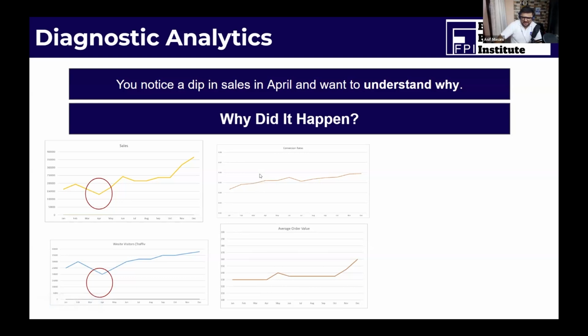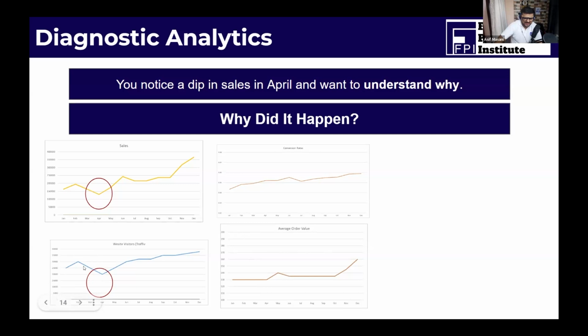Now you notice that the conversion rate has not dipped in April, so conversion rate is not a problem. Second, you go to the average order value. You notice the average order value, although low, was the same in January and February. For the first quarter, the average order value has been $130. So that cannot be pointed to as a reason for the April dip, because the average order value was fairly stable.